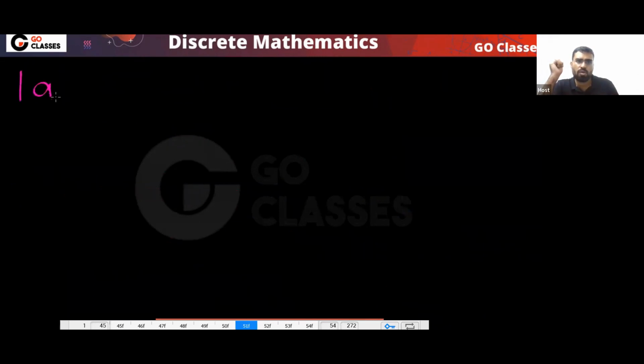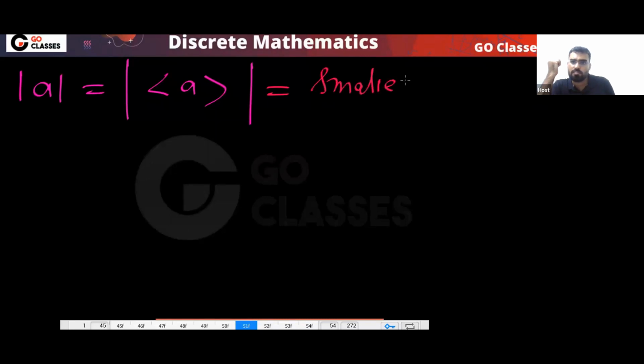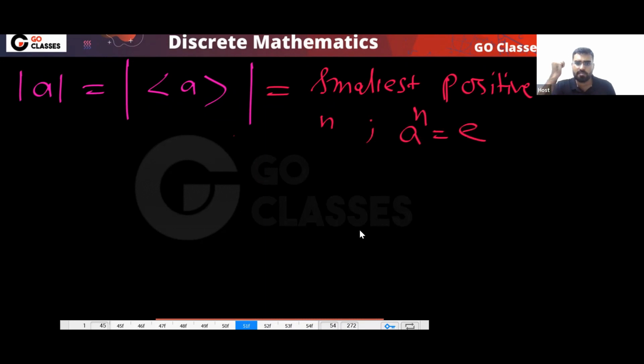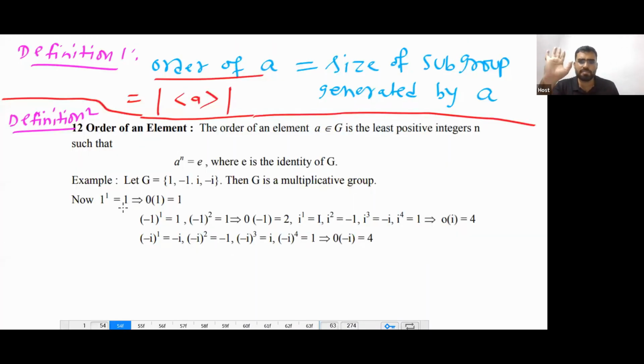So this means the order of A is the same as the size of the subgroup generated by A, and this is the same as the smallest positive n such that A power n is equal to the identity element. So these two definitions, are they clear? These are very simple, just two definitions.